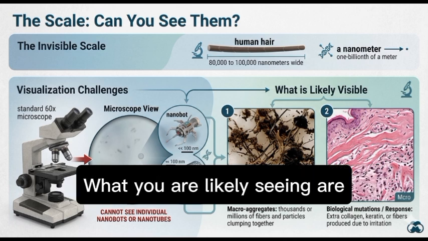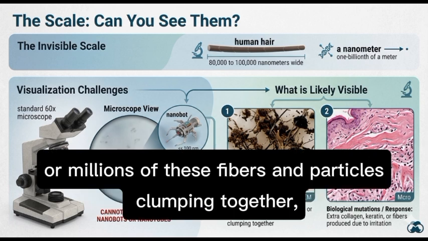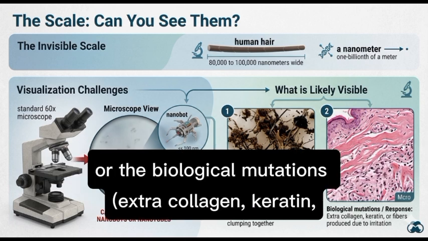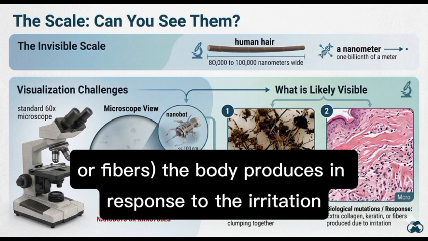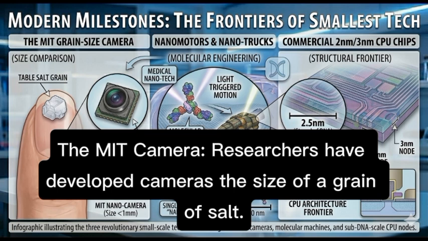What you are likely seeing are macro aggregates, thousands or millions of these fibers and particles clumping together, or the biological mutations, extra collagen, keratin, or fibers, the body produces in response to the irritation. Modern milestones, smallest tech. The MIT camera.